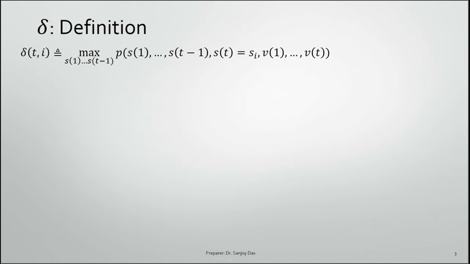So now let's define a variable delta t i. The arguments are time t, and we'll refer to that time step as the present or current, and up to t minus 1 as the past, from t plus 1 through uppercase T as the future. So this is the current or the present time step, and i is an index of a state. And this is a maximum of probabilities.